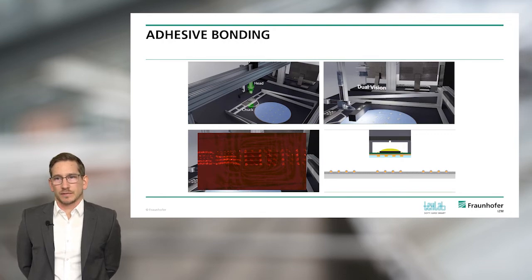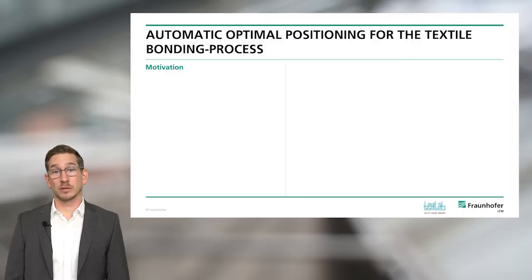And then if you have aligned them properly, you can put the head down and start with the actual bonding process that I have already mentioned before. This was the general process of adhesive bonding. On the next slide I will talk about our efforts to drive this bonding towards a fully automatic process.